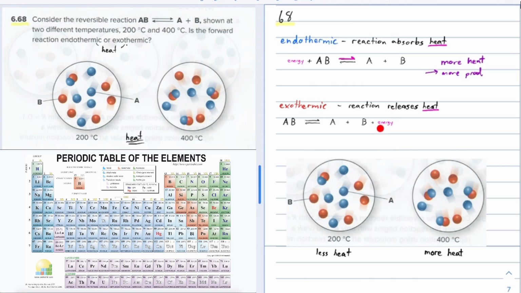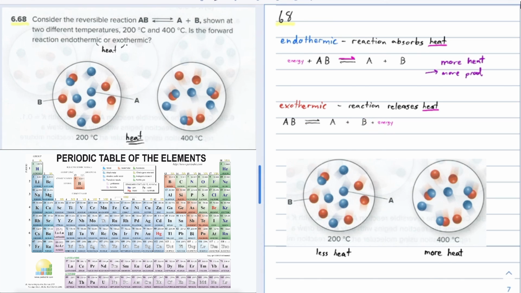Now, what do you think would happen if you have a reaction which is exothermic and you feed it more heat? Well, this time you're giving it more of the product material. It's kind of like if you're considering the reaction going backwards, you're giving it more material that's required for it to go backwards.